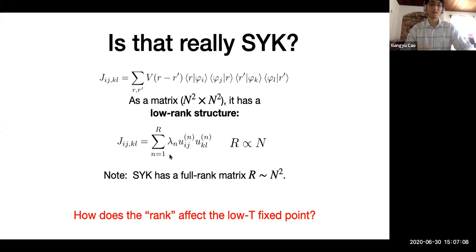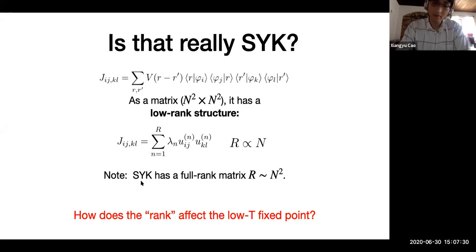It's almost a singular value decomposition, or eigenvalue decomposition, and you will find that there are only a number proportional to N of non-zero eigenvalues or singular values, which I call lambda_n here.